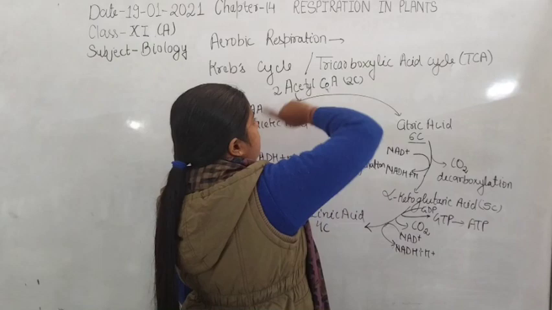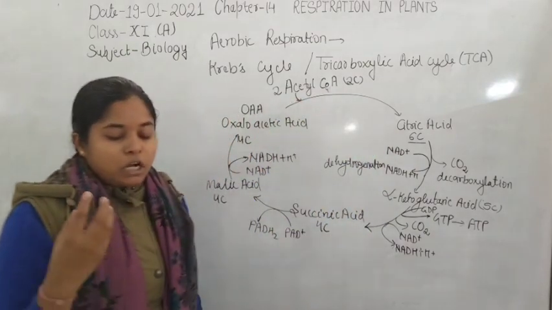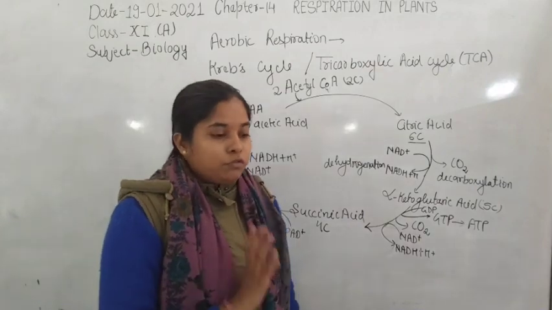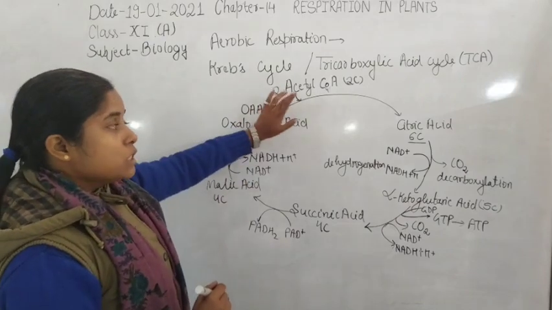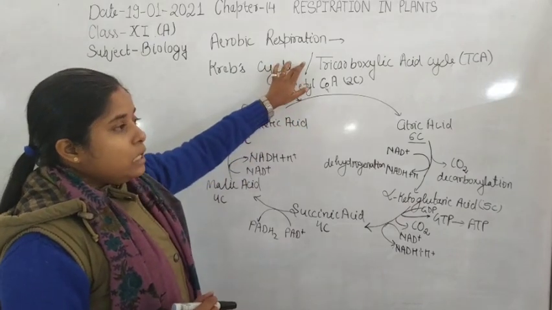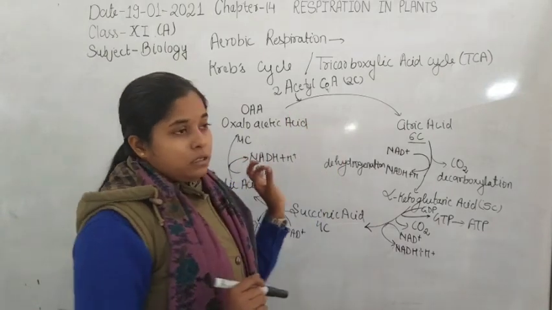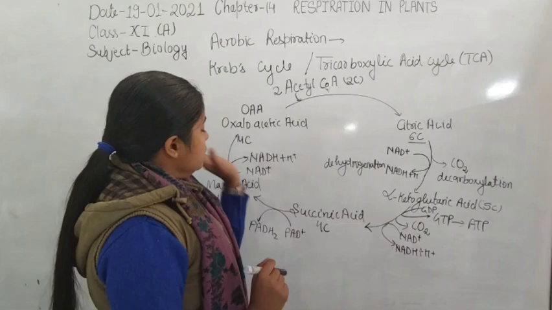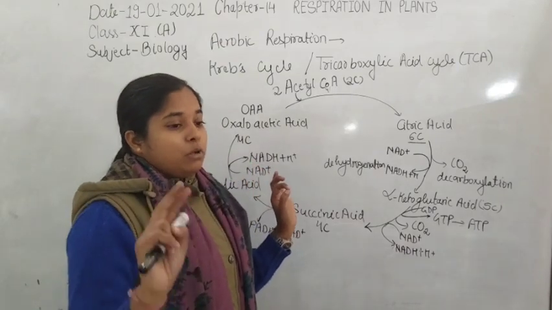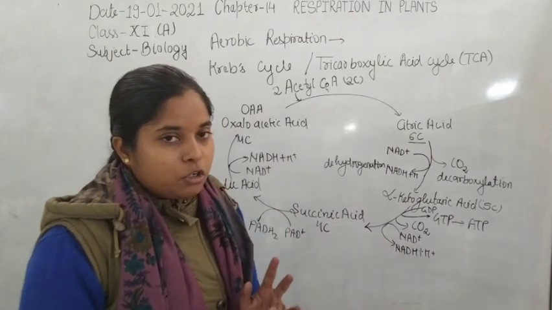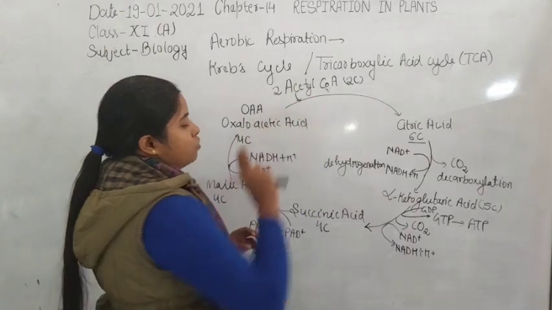The cycle runs 2 times for the release of all the carbon of the glucose molecule, because we already know that in the formation of acetyl coenzyme A, the decarboxylation process takes place, because 2 pyruvic acid molecules undergo decarboxylation. So 2 carbon dioxide are released, because glucose is a 6 carbon molecule. So 2 carbons are released during the formation of acetyl coenzyme A.